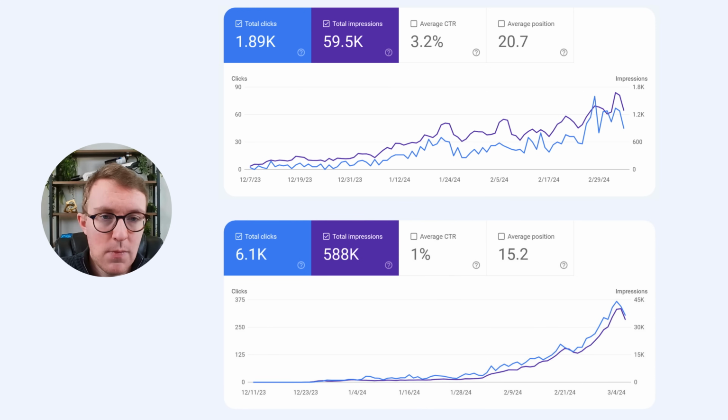The site in the image below has 6,000 some clicks. So obviously this site is a little more exciting than the one above, but it does have a much lower click through rate. That's the one caveat I'd offer there. The more you do this, the more you start to be able to read these graphs.